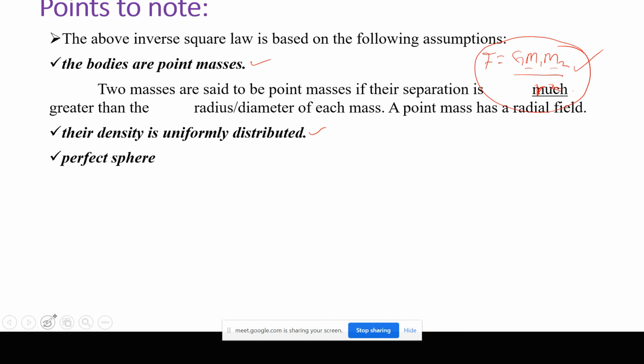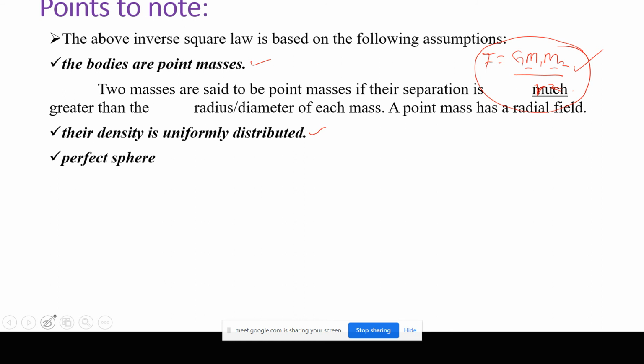Because if it's not a perfect sphere, then the field lines are not radial. And if they are not radial, then they don't move apart as you move away from the center of the object. So every time we use Newton's law of gravitation, we are assuming that, one, we are dealing with two point masses. I said two masses are point masses if their separation is much greater than the radius or diameter of each mass.